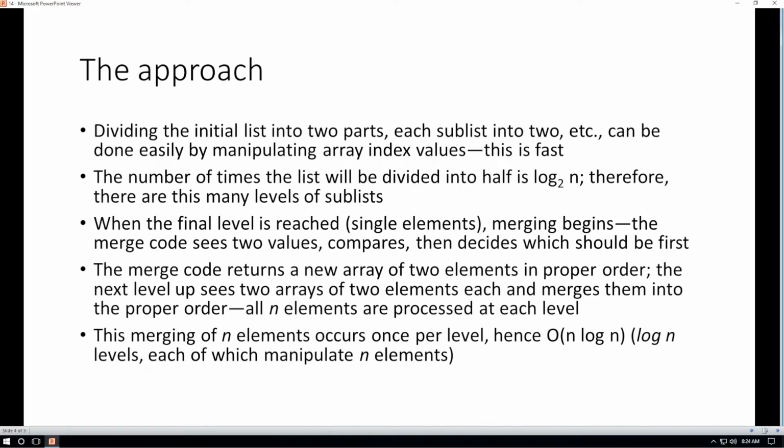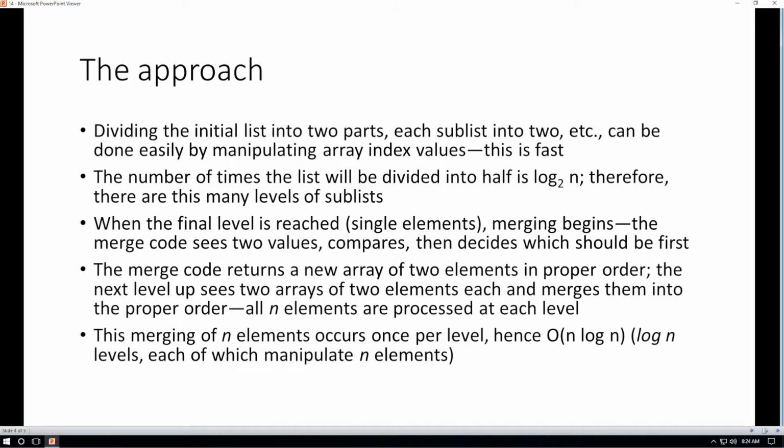But to get to that level, we took log n divisions of the data in the halves. The return, where we merge elements together, takes log n steps to go from single elements back up to a full list. At each level, we must manipulate n elements.